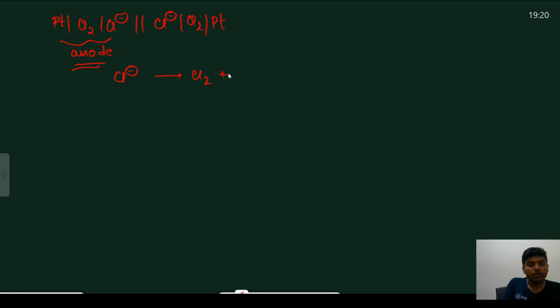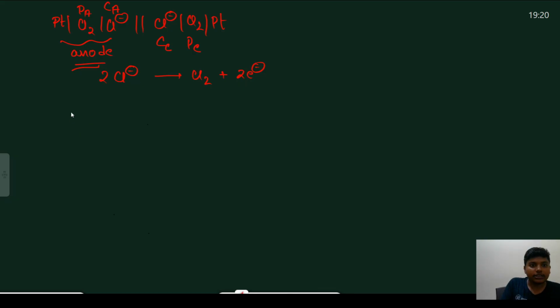Now here they have written pressure 1, concentration 1. Or I can write pressure of the anode and concentration of the anode, and on this side concentration of the cathode and pressure of the cathode, yes or no?